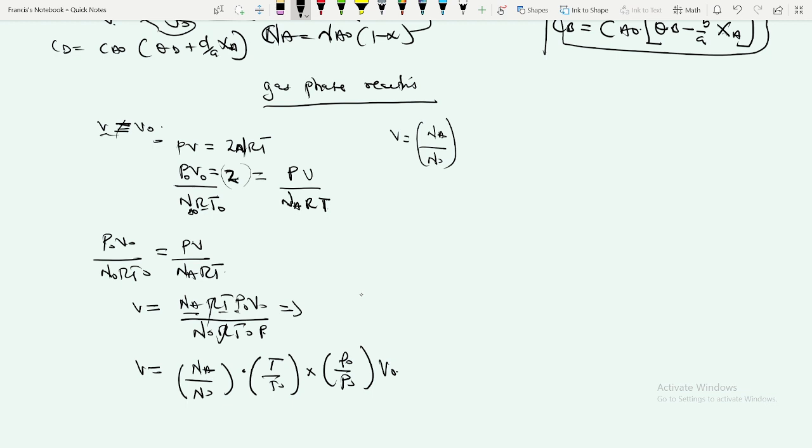Multiplying T over T naught, multiplying P naught over P. Sorry, so this is P naught over P here.